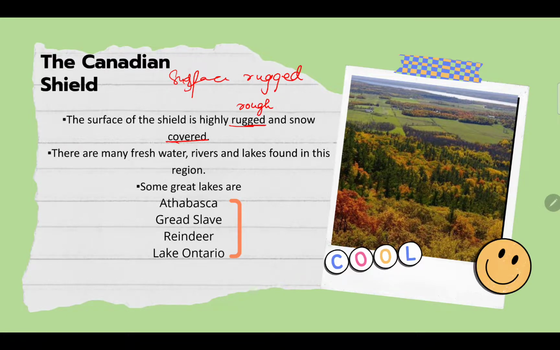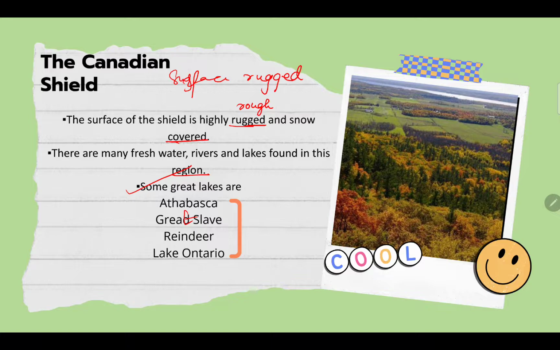There are many freshwater rivers and lakes found in this region. Some of the great lakes are Athabasca, Great Slave, Reindeer Lake, Ontario, etc. So you need to understand what the Canadian Shield is.